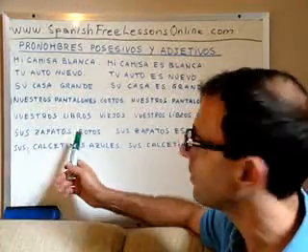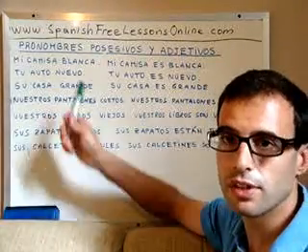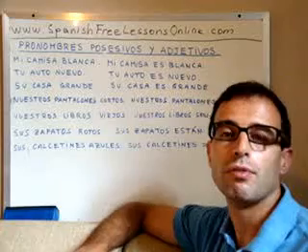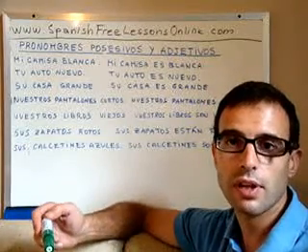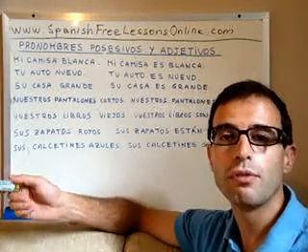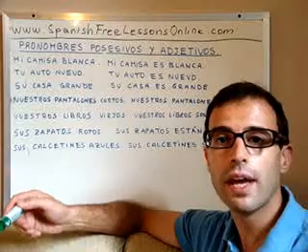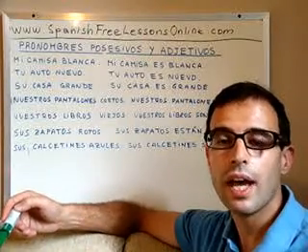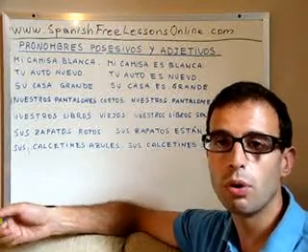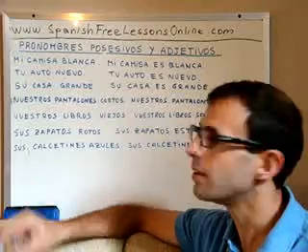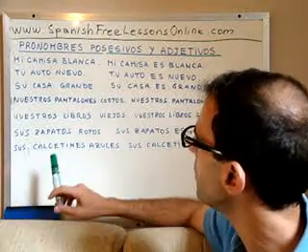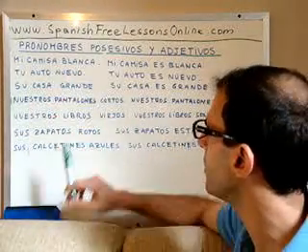This rule applies for all the adjectives. For masculine the adjective ends in an O, for feminine the adjective ends in an A, and for plural it always adds an S. So this rule is easy because it applies to all the adjectives.